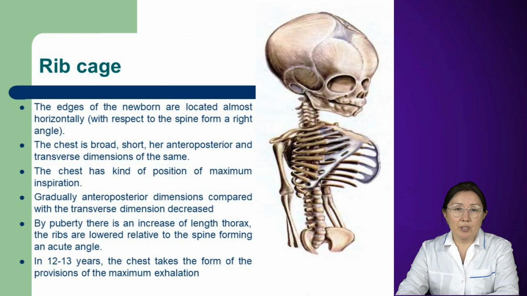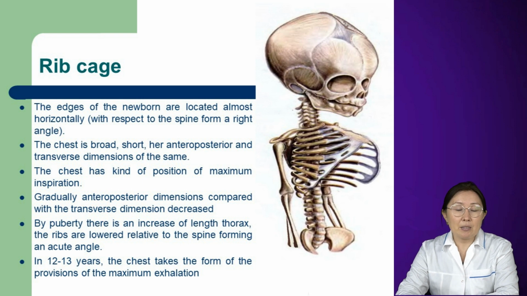Rib cage in children. The ribs of the newborn are located almost horizontally, forming a right angle with respect to the spine. The chest is broad and short, and the anterior-posterior and transverse dimensions are the same. The chest has the appearance of the position of maximum inspiration.